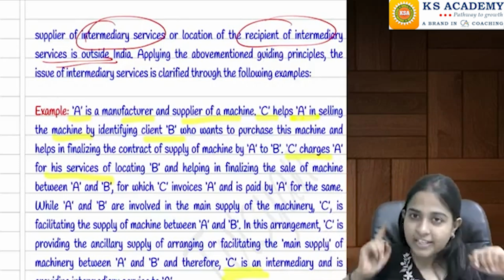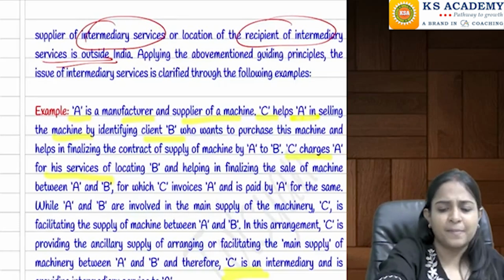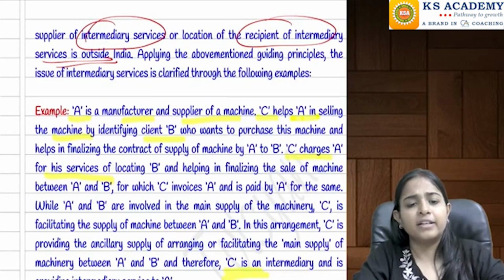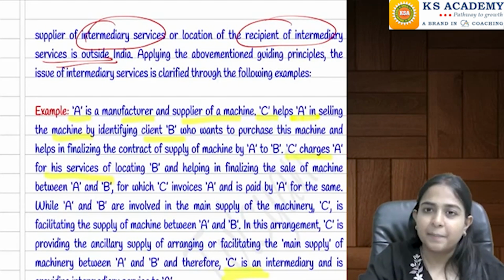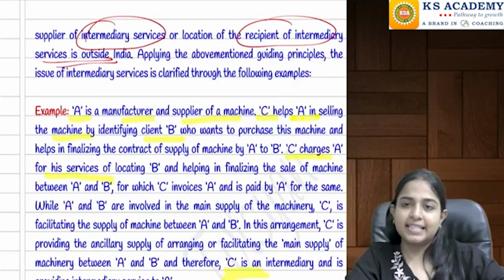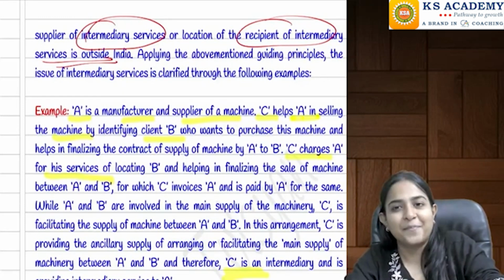Only in such a case, section 13 and the respective subsection, I think 13.8, right? Yes, 13.8 will become applicable. Are you able to understand this, everyone? Did you understand the entire chapter? If yes, do let me know.